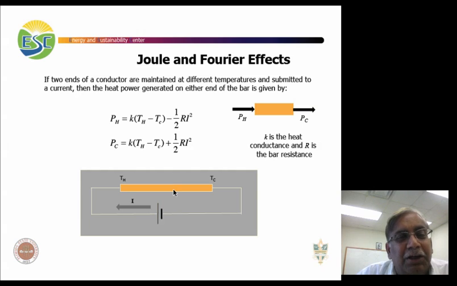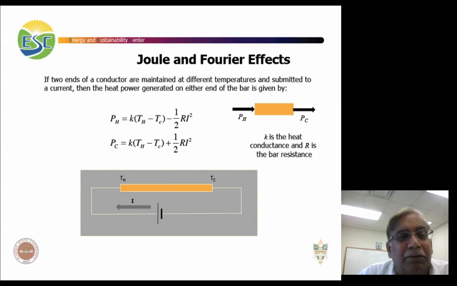Now imagine instead you keep the bar at a constant temperature and you heat it up with electric current. Then the power is given by R i squared, and this is nothing but the Joule effect.